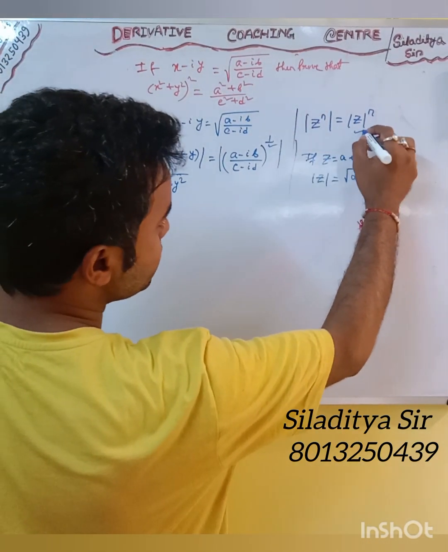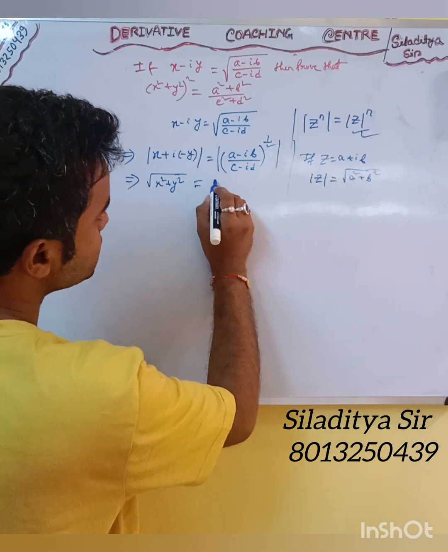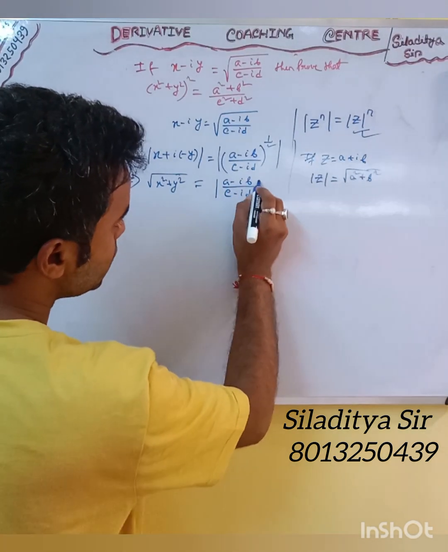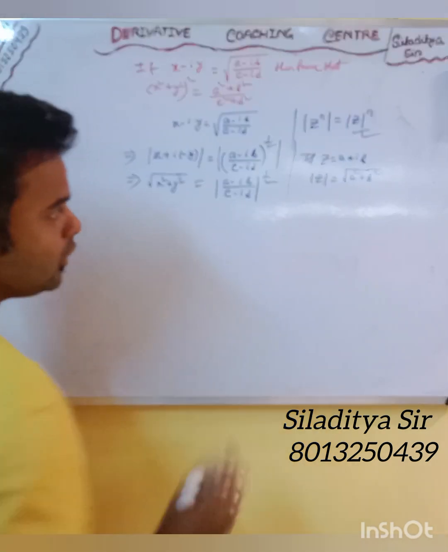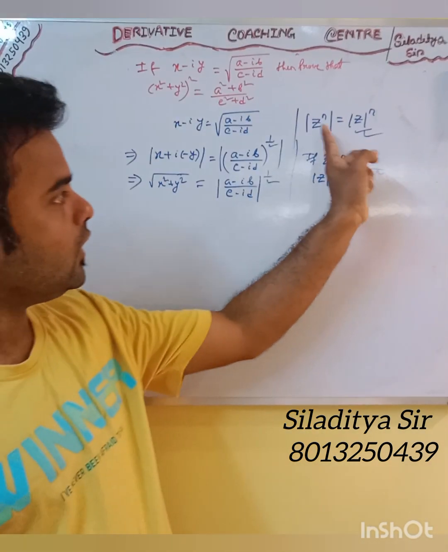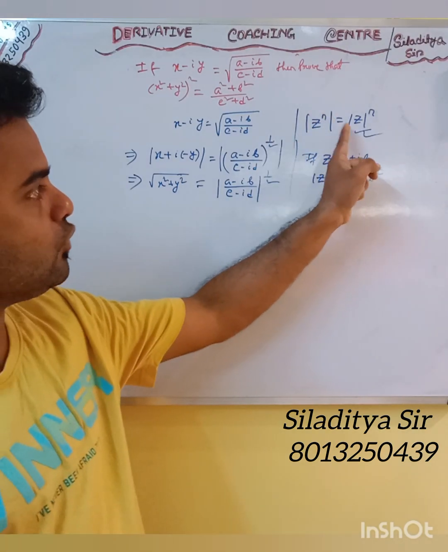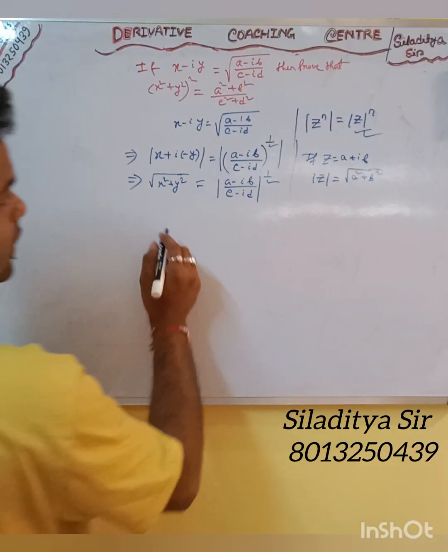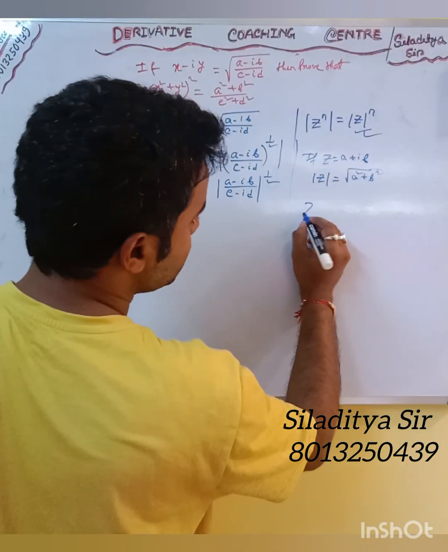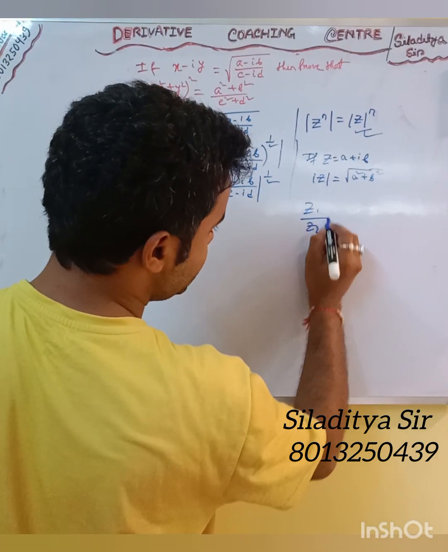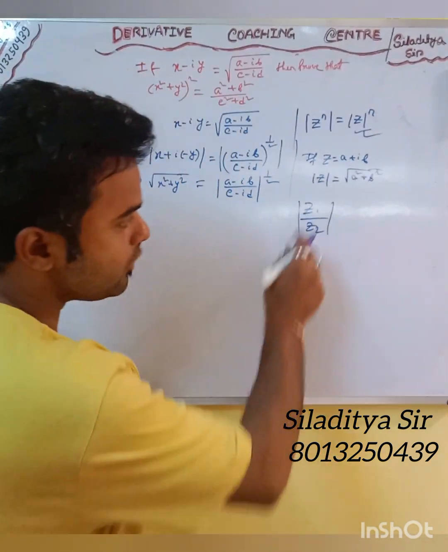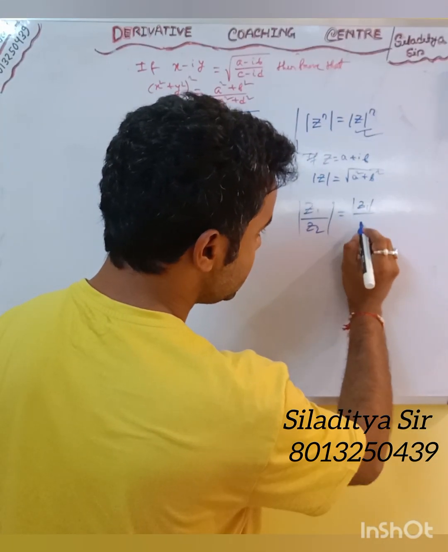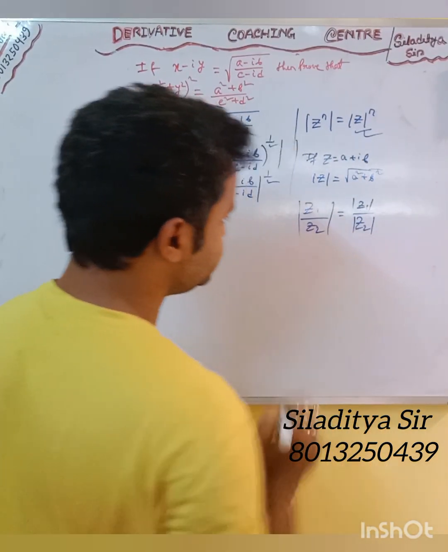Now apply this formula, mod of (a minus ib) by (c minus id) whole to the power half. We know that mod of z to the power n equals mod of z whole to the power n. Now if z1 by z2, mod of z1 by z2 means mod of z1 by mod of z2.